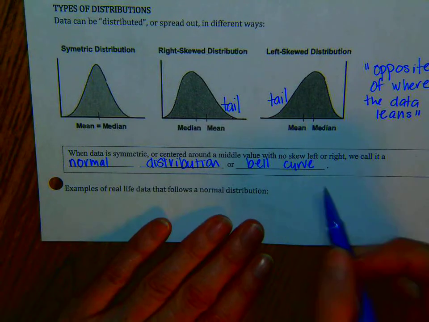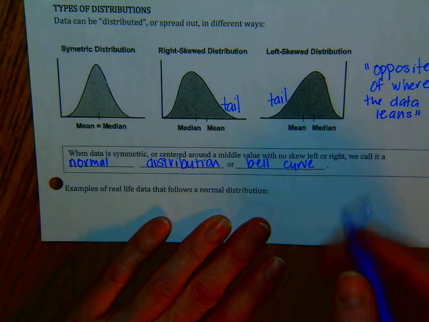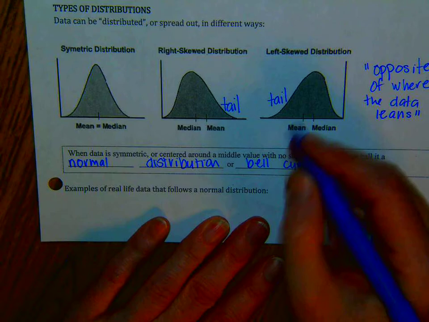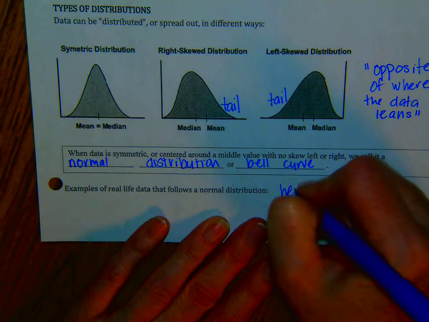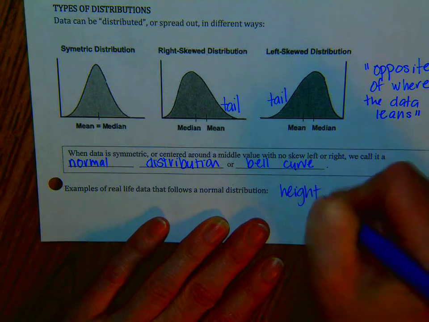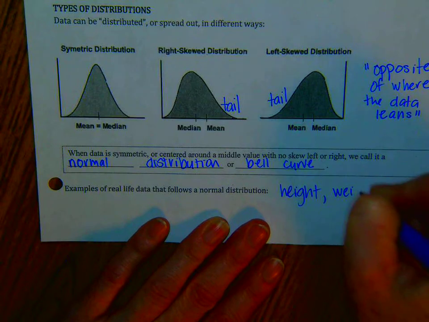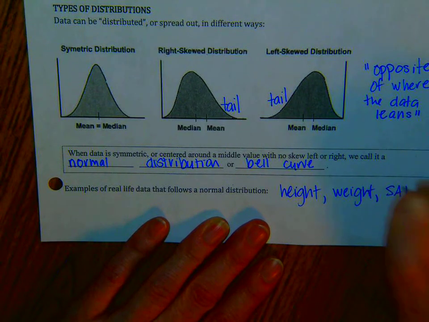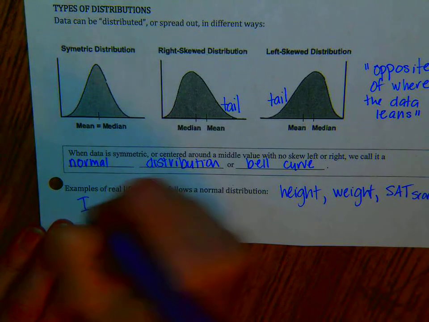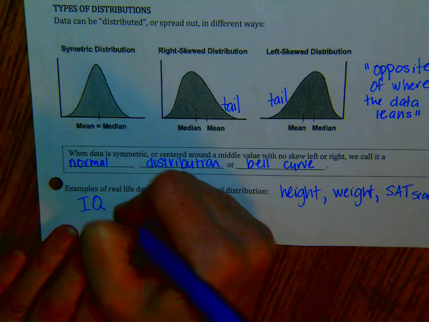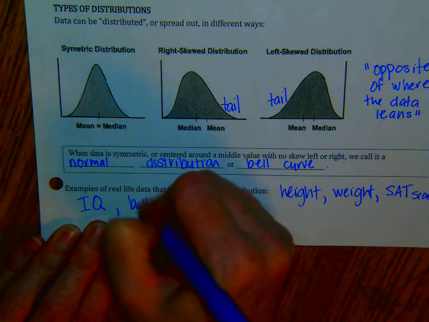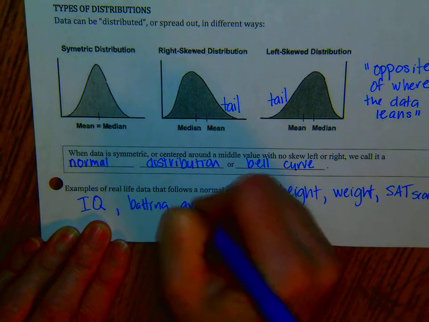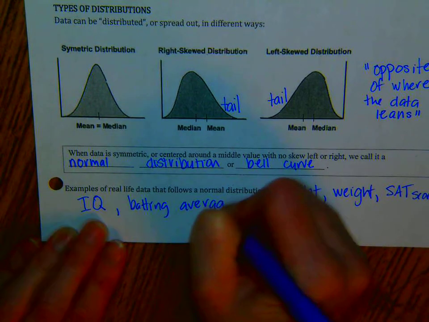Some examples of normal distributions are things that we often talk about, like height, weight, SAT scores, IQ, batting averages, body temperature.